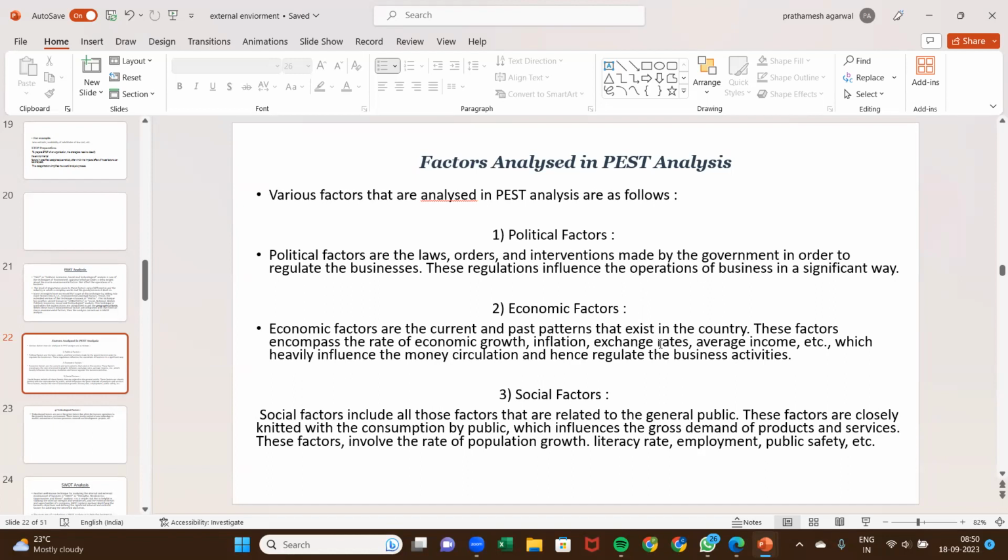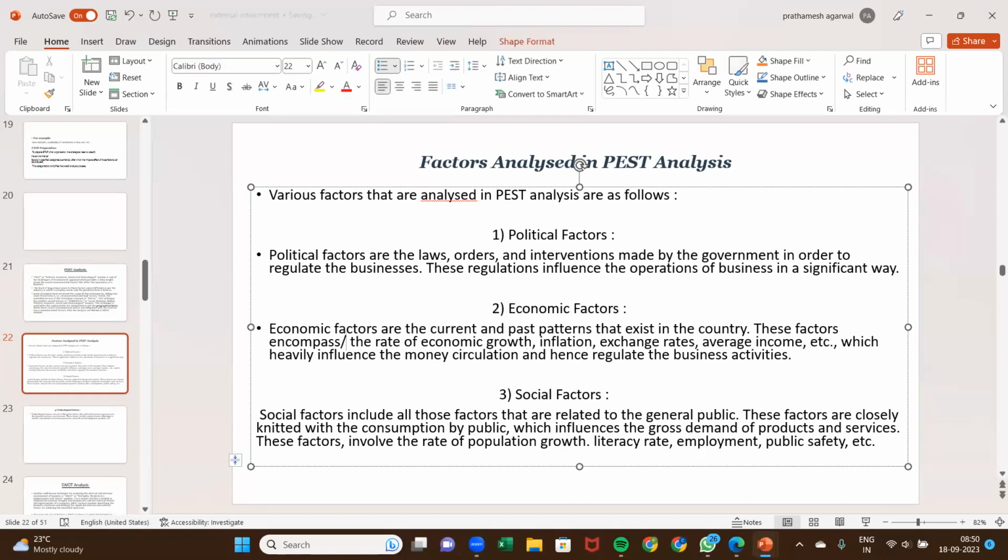Then we have the economic factors. The economic factors are the current and the past patterns, like what were the past records that exist in the country. These factors tell us the rate of economic growth, the inflation, exchange rates, average income, etc., which heavily influence the money circulation.